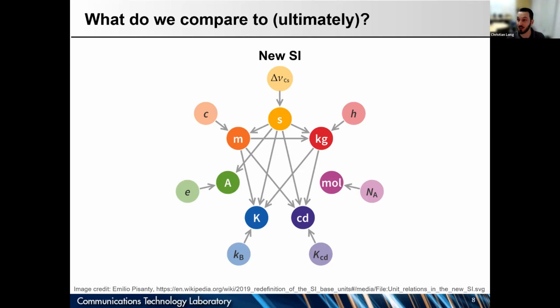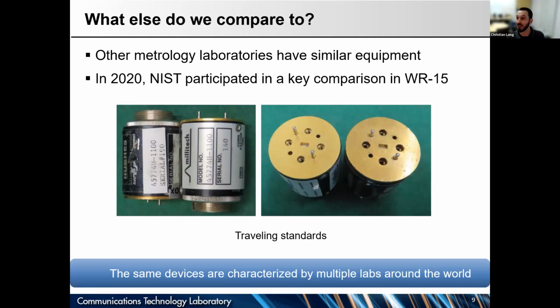So that's a very nice story about how to make measurements done in different places by different people with different equipment agree. But it's nice to also validate that that works.